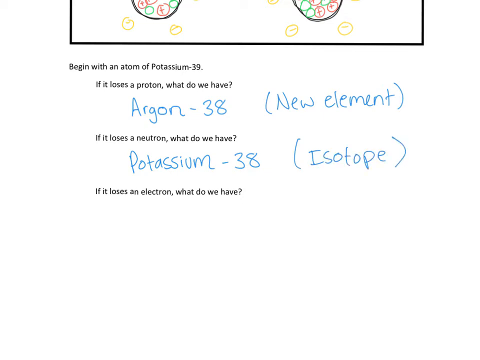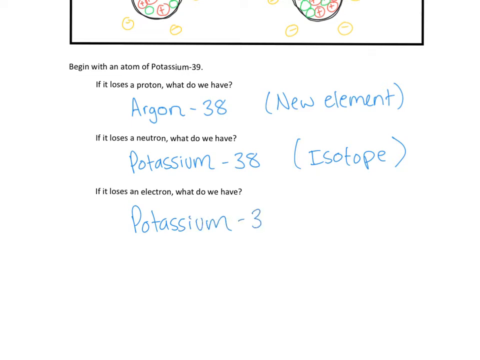What about if we lose an electron? This is the one that's extra interesting because we haven't talked about this yet. What happens if we lose an electron? Well, we're not losing a proton along with it, right? Oh goodness. We'll come back to that. Okay, so if we lose an electron, it's still going to be potassium, right? Is its mass going to change?